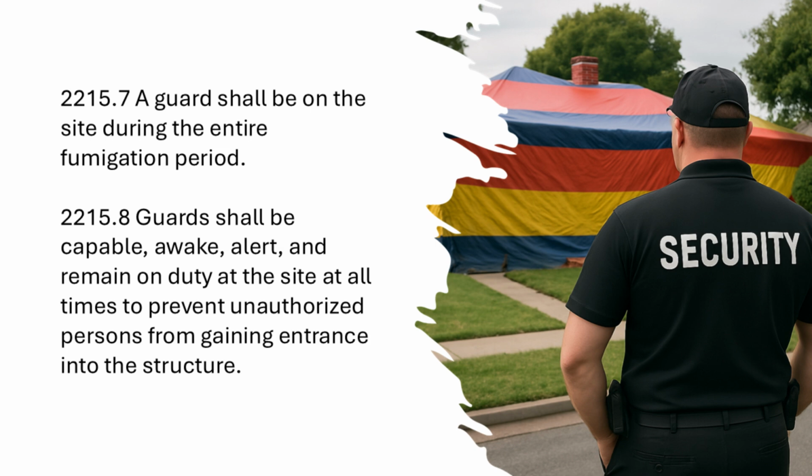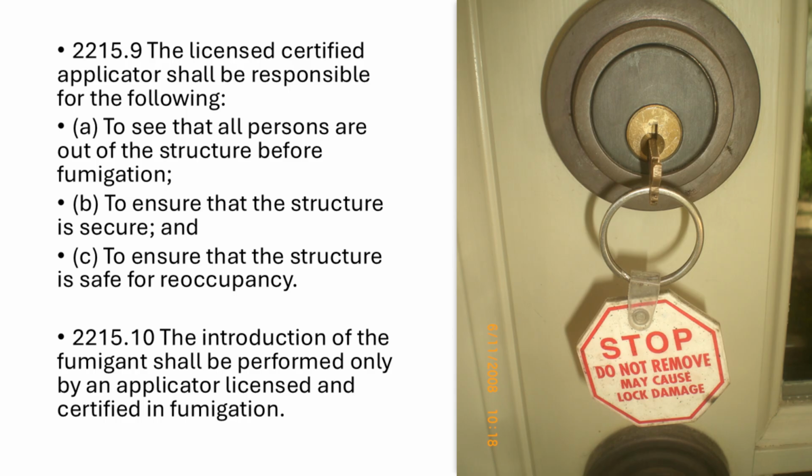2215.7. A guard shall be on the site during the entire fumigation period. 2215.8. Guards shall be capable, awake, alert, and remain on duty at the site at all times to prevent unauthorized persons from gaining entrance into the structure. 2215.9.